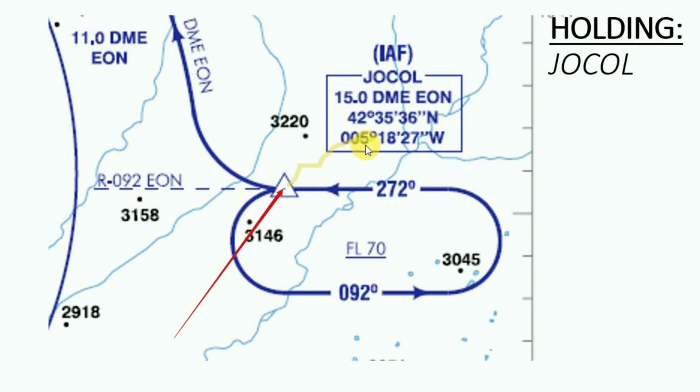We will pass the distance 15 and we will fly on a heading 092 for 1 minute, then we will turn right to catch inbound 272 until again reaching DME 15. When we pass DME 15, we will turn left to heading 092 as well, and when we pass DME 15 or when we have the winds level, whichever happens latest, we will take time for our outbound leg, 1 minute, until we start our left turn to catch inbound 272 back to Jokol.